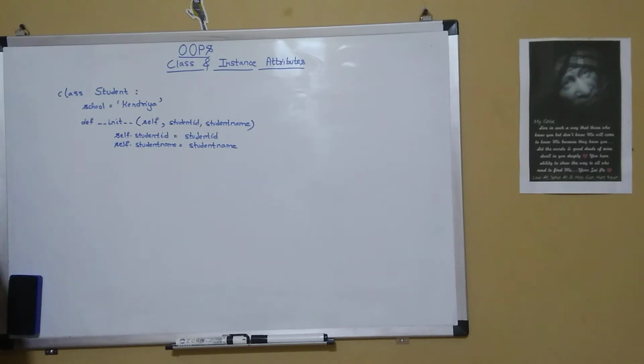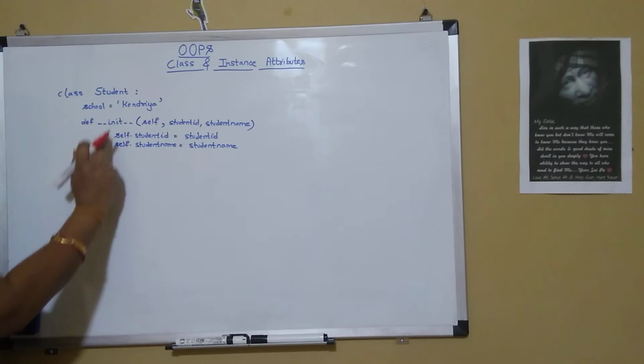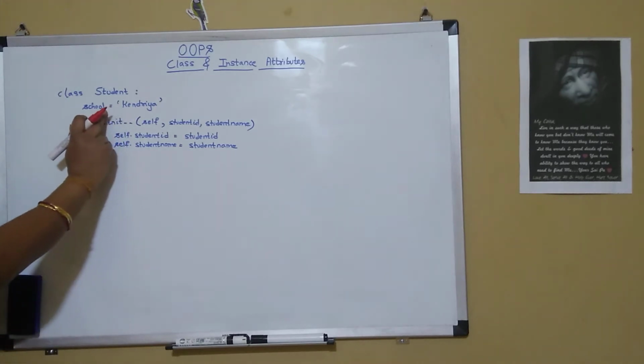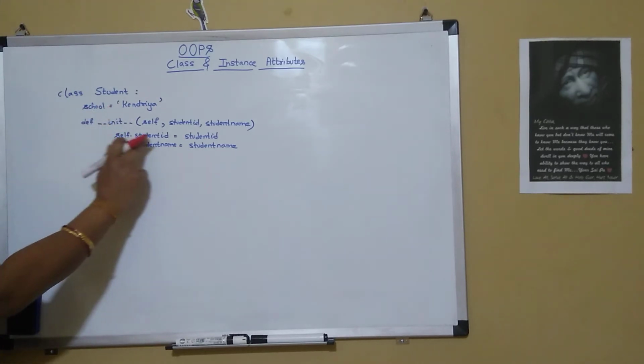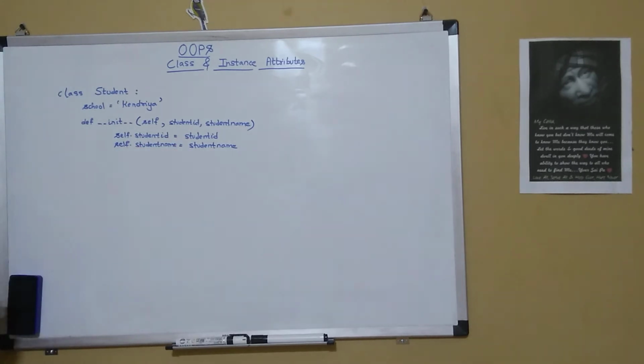So firstly, here class is the keyword and student is the name of the class. School equal to Kendriya, this is the class attribute, and self.student ID and self.student name are the instance attributes.